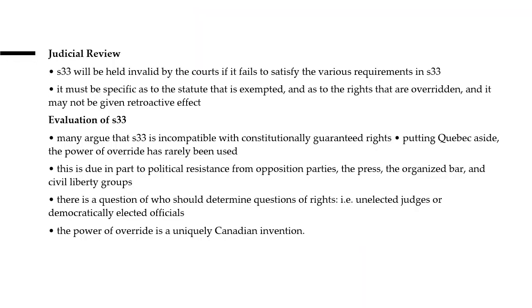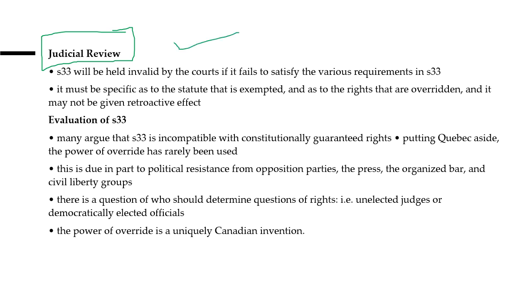Now, the main thing. You must be thinking that okay, if we have section 33 that anyone can use, and anyone can take away our rights from us, the answer is a big no. As long as we have this concept of judicial review under the Canadian justice system, you need not worry. So judicial review is here to protect you.